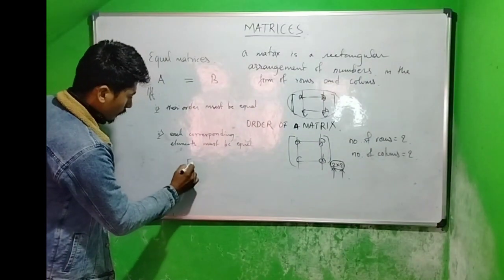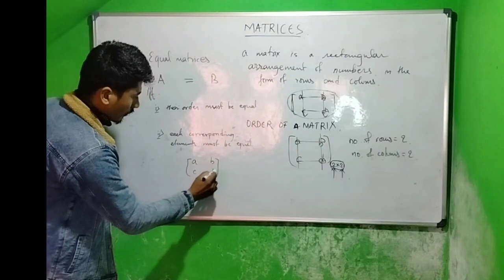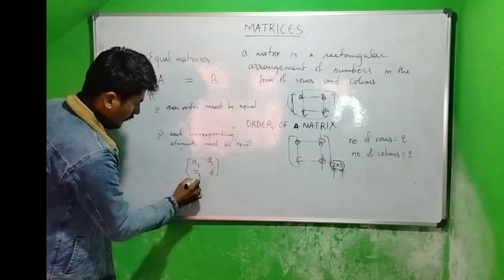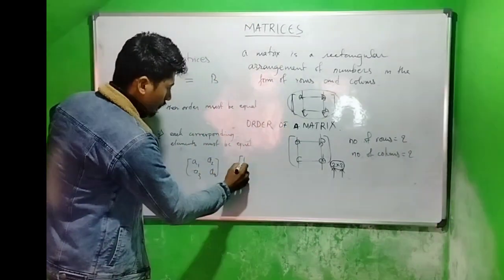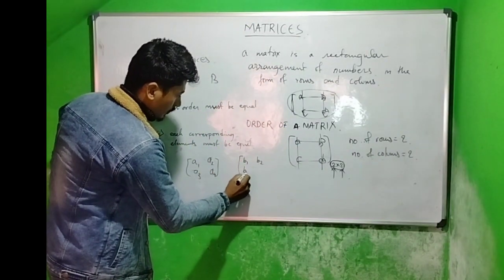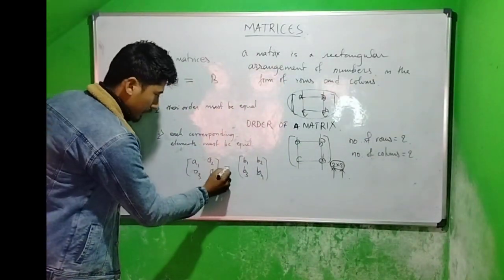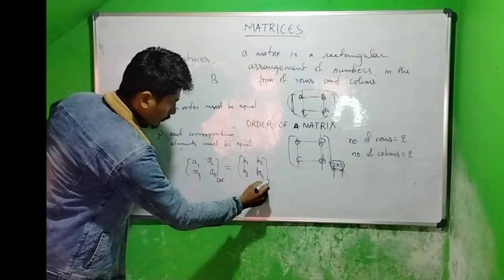For example, if matrix A has elements A1, A2, A3 and A4, and B1, B2, B3 and B4 is the matrix B, if they are equal, we can see their orders are 2 by 2 and 2 by 2.